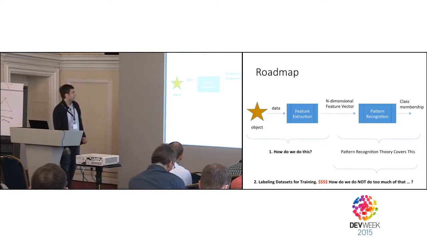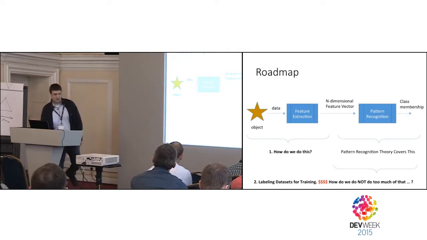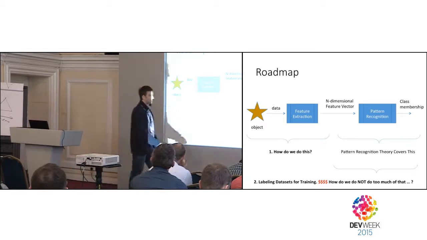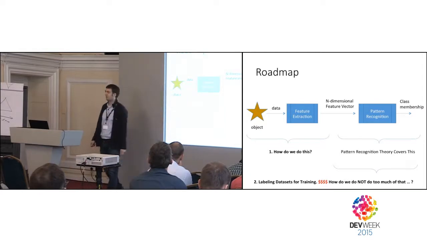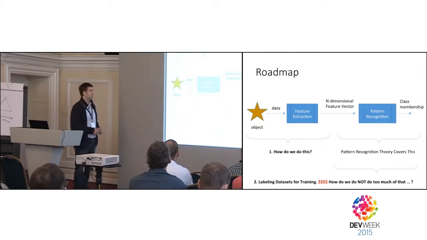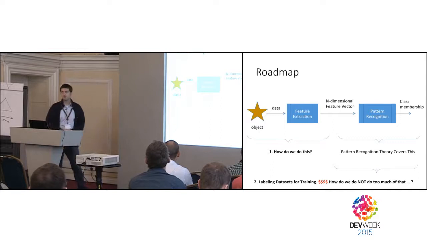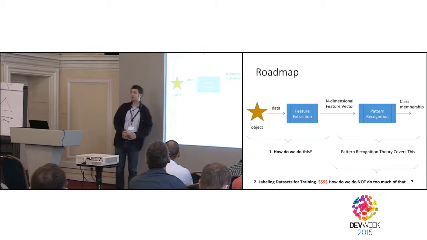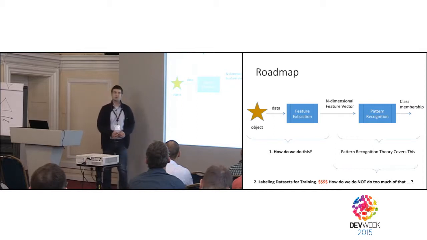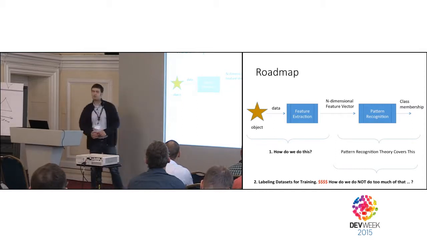Let's look at what I call the roadmap. From the object that we are going to classify to the final class membership, there are a few steps. First of all, we get some data from the object. I call it data because it can be unstructured information like arrays of pixels or maybe even multiple images.